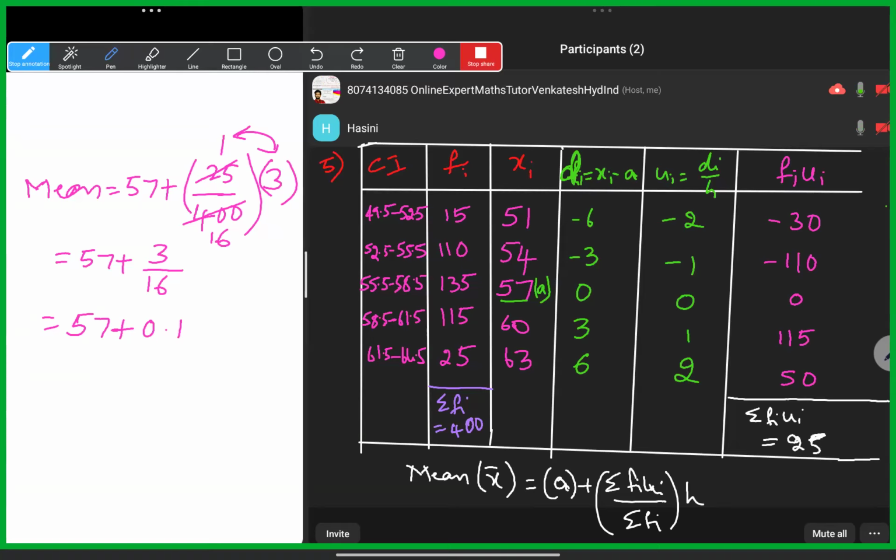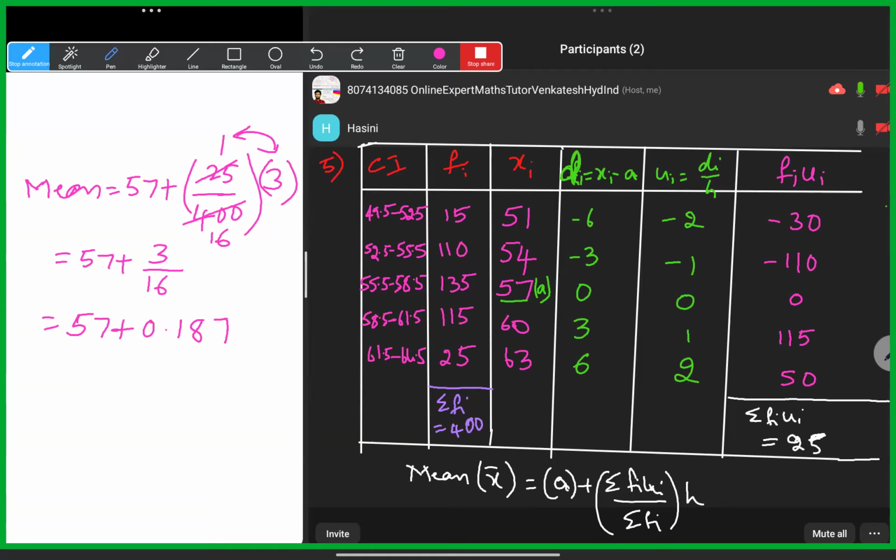I am dividing it in the mind, but if you divide it in rough space also, you'll get this only. 16, 30 means 16 once is 16, 14 will be left. 140 means 16 8 is 128, 12 will be there. 120 means 16 7 is 112.